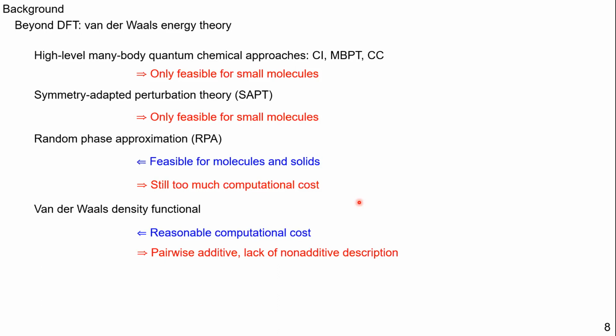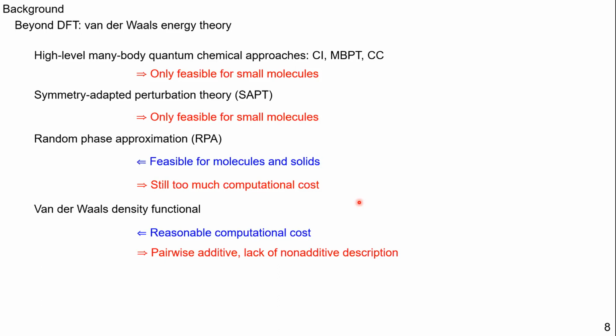RPA gives very correct behavior for graphite binding energies, but its computational cost is still unsolved for many systems. So it is only feasible for very simple solid systems.